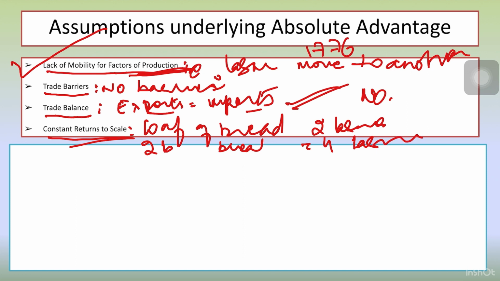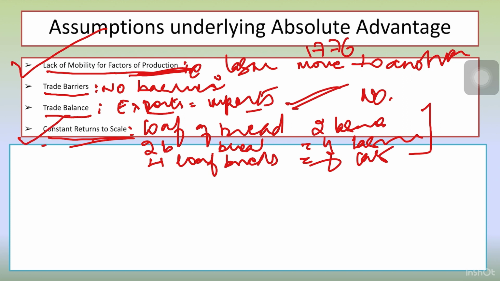Similarly, if I have to produce 4 loaves of bread, 8 laborers are needed. So this is constant returns to scale. However, this assumption is also not valid. Why? Because economies of scale arise as we keep increasing our production.